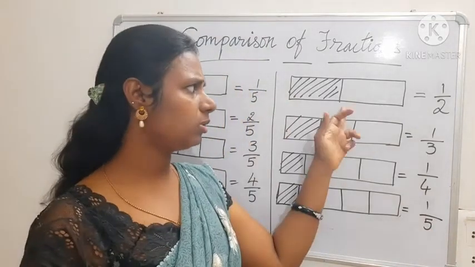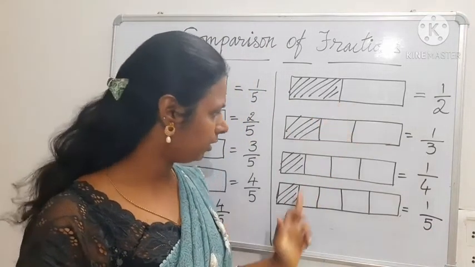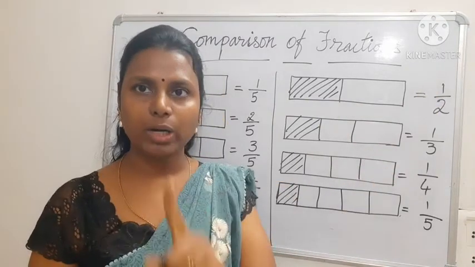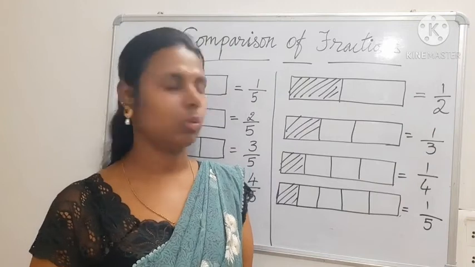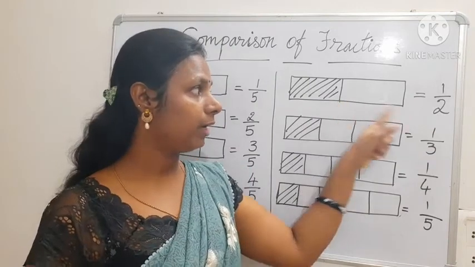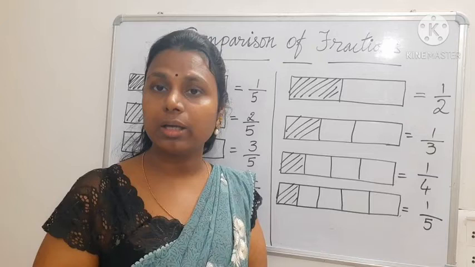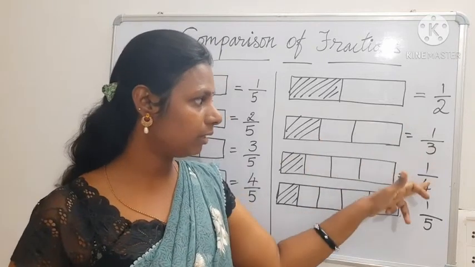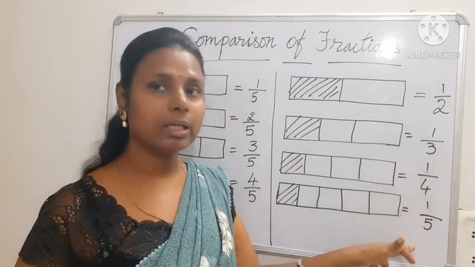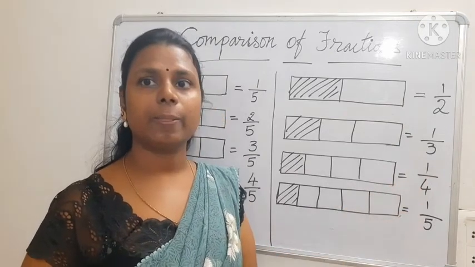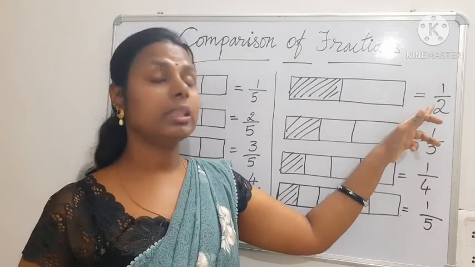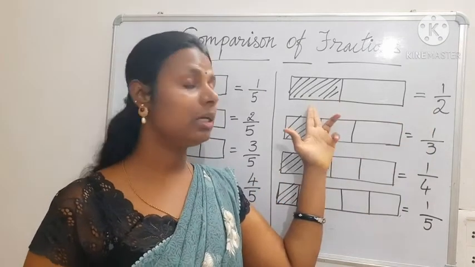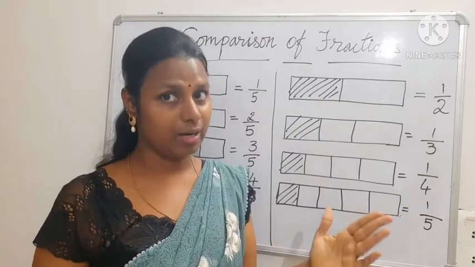Now see the figure. Everywhere we have shaded only one box, isn't it so? But as the denominator increases, the value is smaller. When the denominator is smaller, the value is greater.